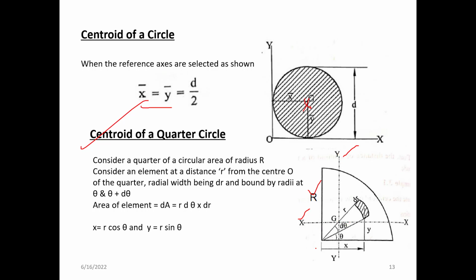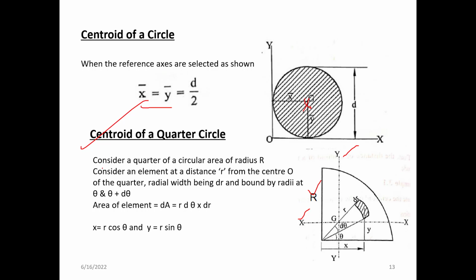It is not with respect to the origin; the axis is at the center portion. It is noted that x is measured from the vertical axis, and y also has to be accounted.